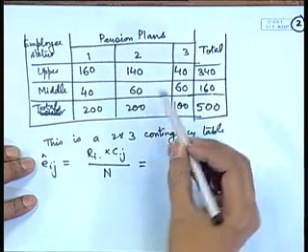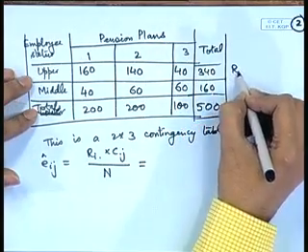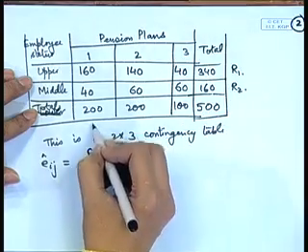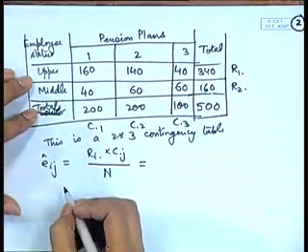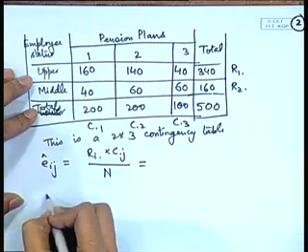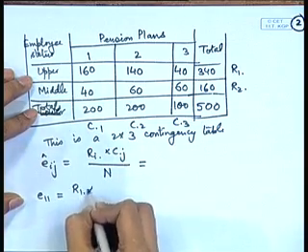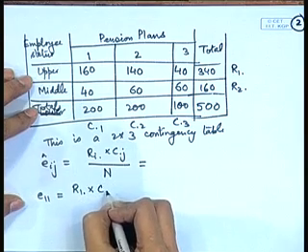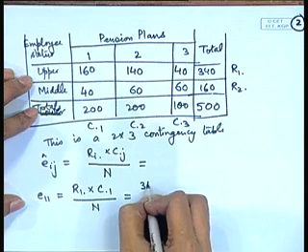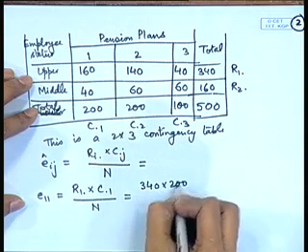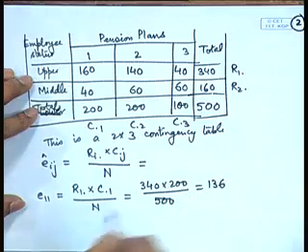Here you see the row totals R1 dot, R2 dot, and C dot 1, C dot 2, C dot 3. They are given to us. So easily we can calculate E11. E11 will be R1 dot into C dot 1 by n. In this case it is 340 into 200 divided by 500. This value turns out to be 136.